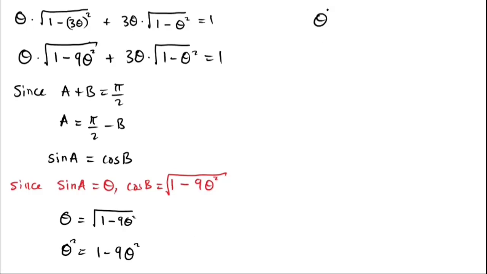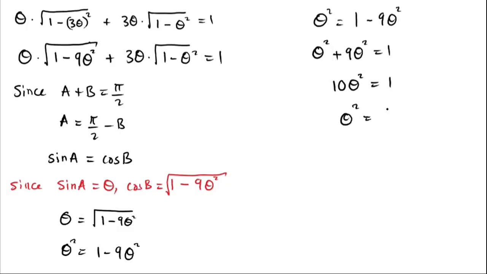So theta squared plus 9 theta squared is equal to 1. This means that 10 theta squared is equal to 1. So theta squared is equal to 1 over 10. And lastly, theta is equal to the square root of 1 over 10.